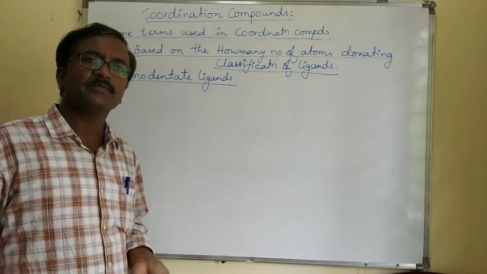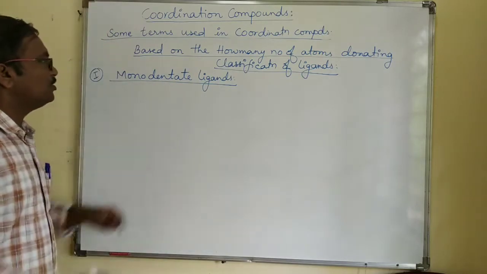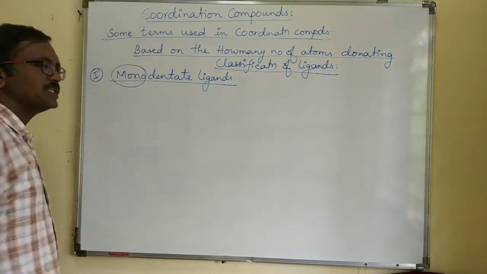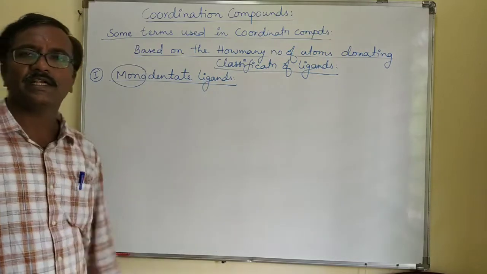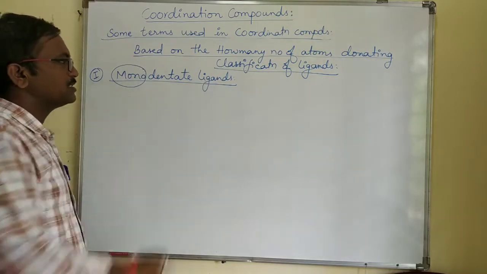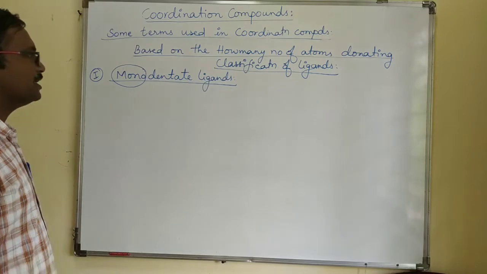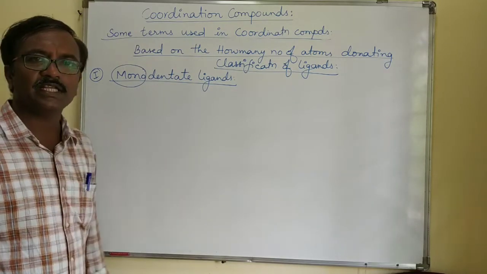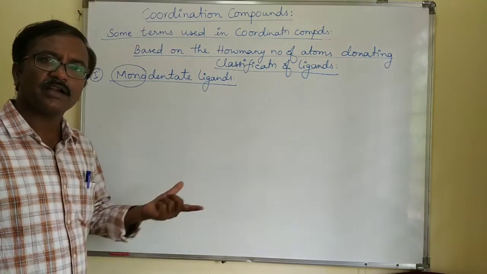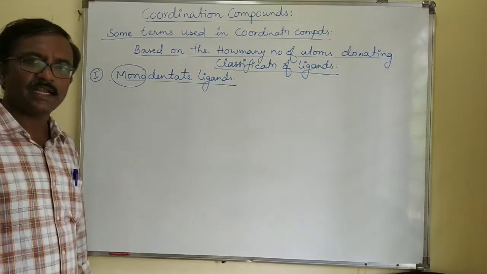Mono, what is the meaning of mono? One atom is donating. Monodentate ligand means one atom donates the electron pair to the central atom.